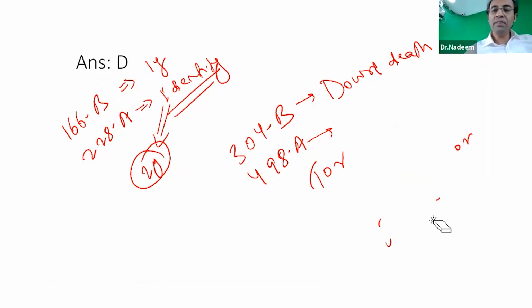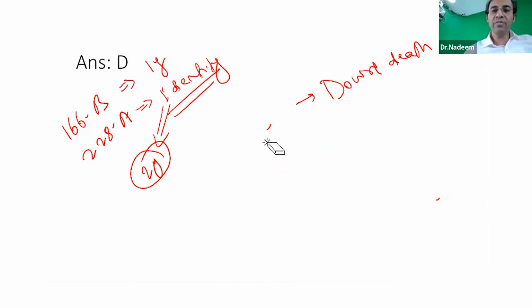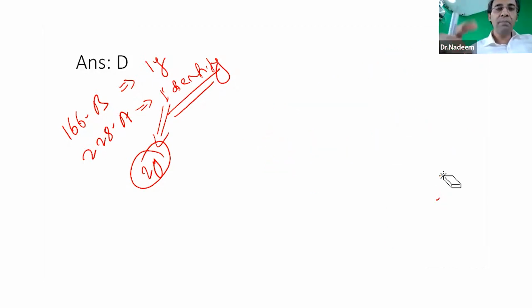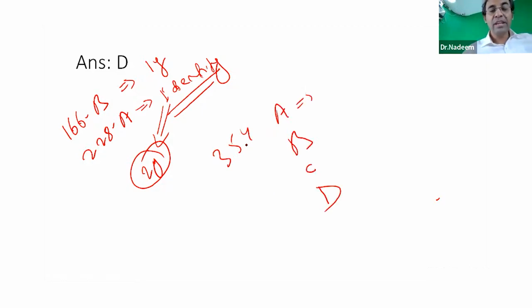What was IPC number 354 ABCD? There will be punishment for sexual assault. IPC number 354B: using your power to disrobe a female.